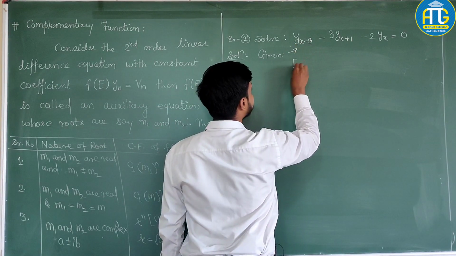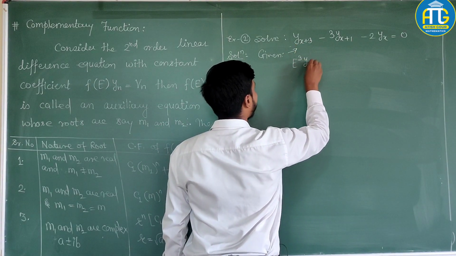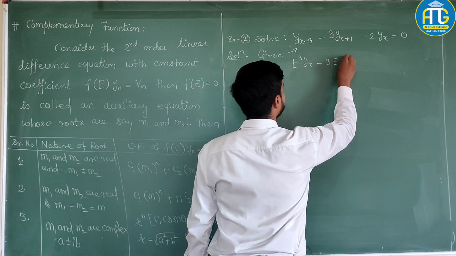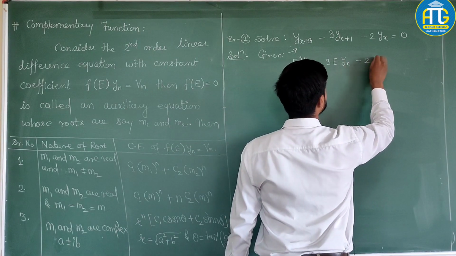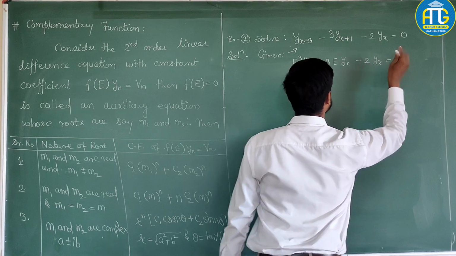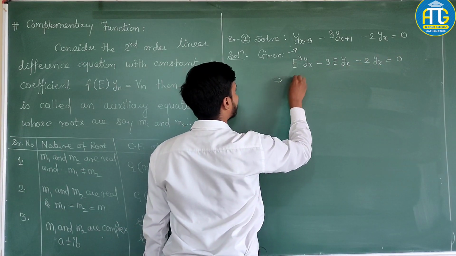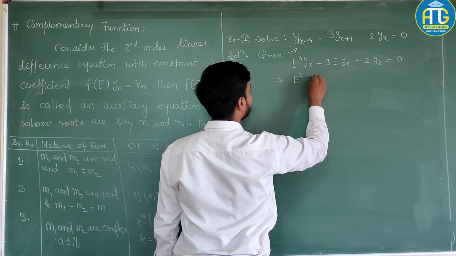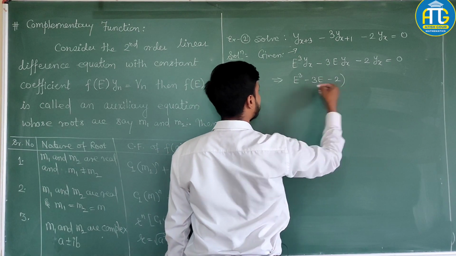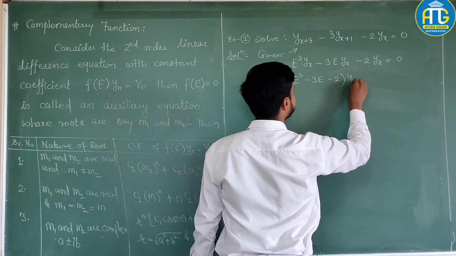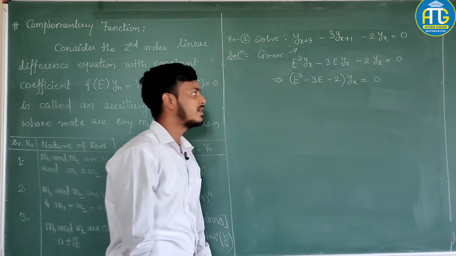So you can write it as e cube yx minus 3e yx minus 2 yx equal to 0. Now you can take yx common. So this is e cube minus 3e minus 2 operating on yx is equal to 0.